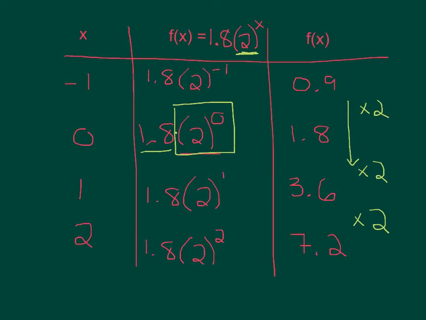And now, if you look here, we have 1.8 in our equation, and 1.8 showed up in our function table, when it was matched up with 0. So, just like we talked about, the leading coefficient a is the y-intercept, which is the number that matches up with 0, and b is the rate at which the exponential function increases or decreases, and in this case, it's doubling.